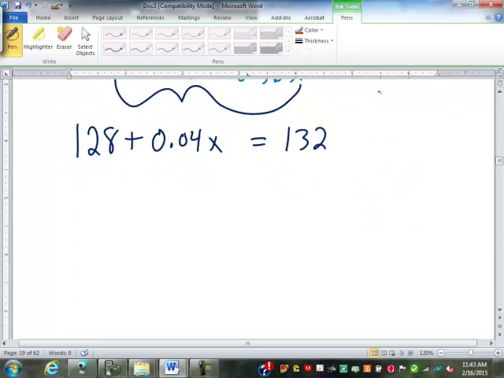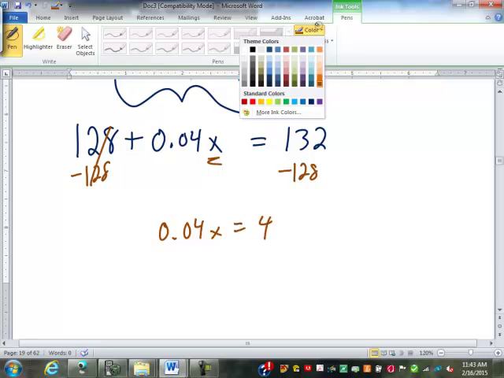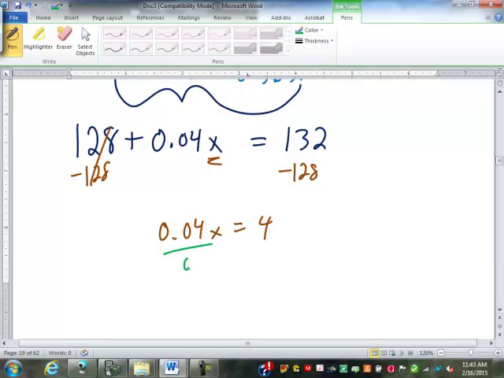Now, solving for x. We need to get rid of the 128, so we're going to subtract 128. So 0.04x equals 4. Now we divide by 0.04. So x equals 100.